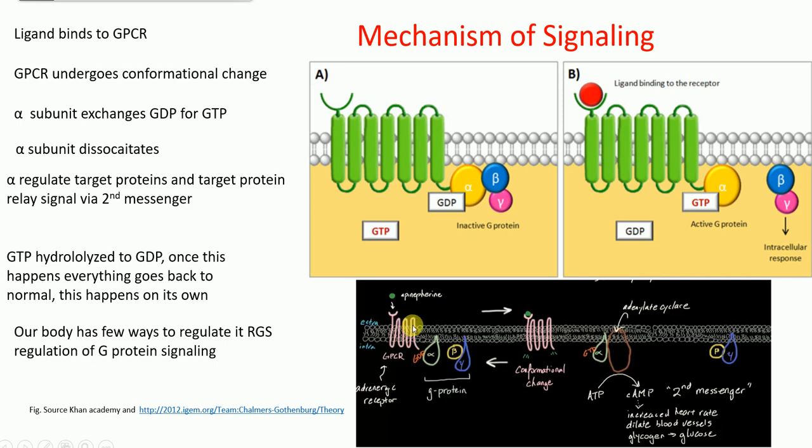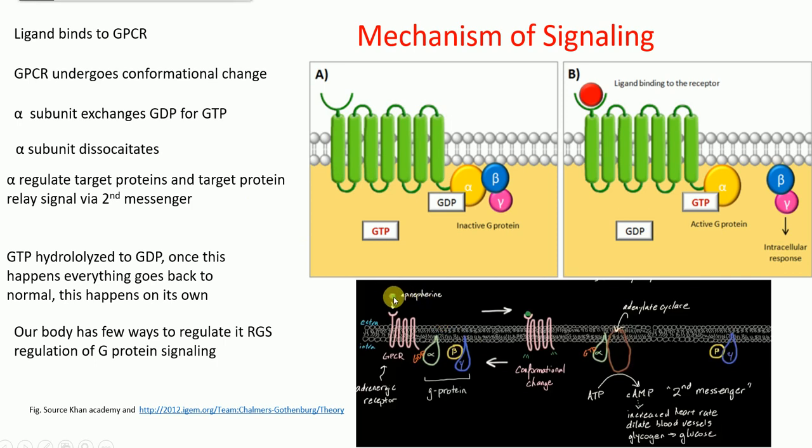When epinephrine binds to it, the receptor undergoes conformational changes. The G protein coupled receptor for epinephrine is the adrenergic receptor, and epinephrine is involved in the fight or flight response.